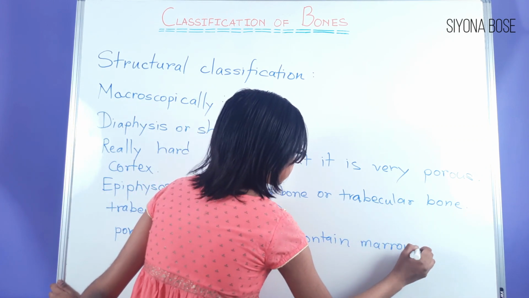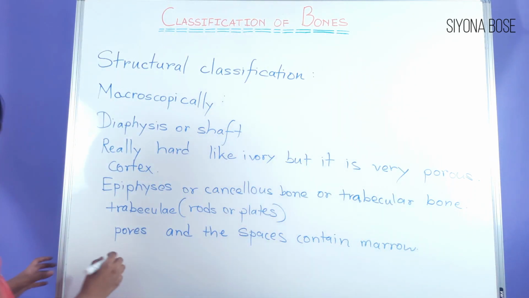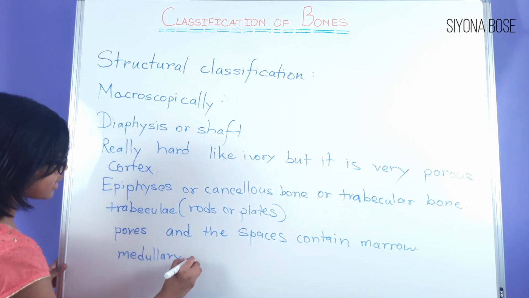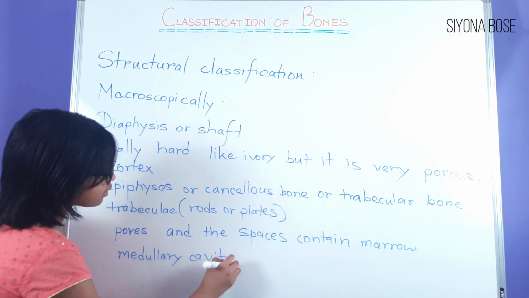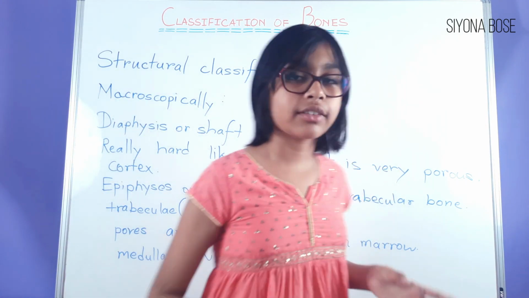Marrow means the substance, the bone marrow, present in the medullary cavity, which is also present mainly in the cortex of the bone, again the central part of the bone.